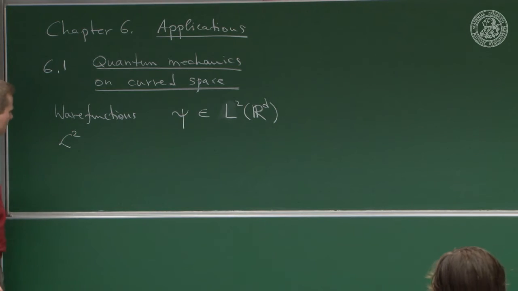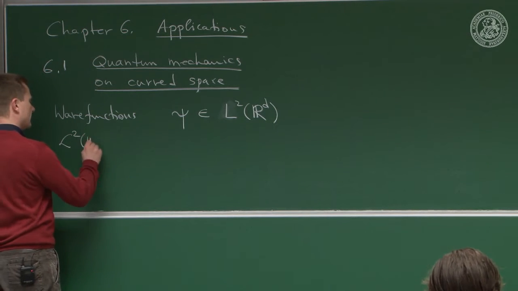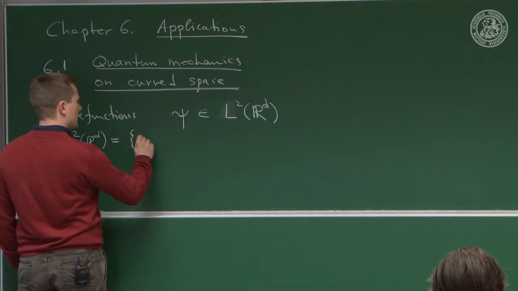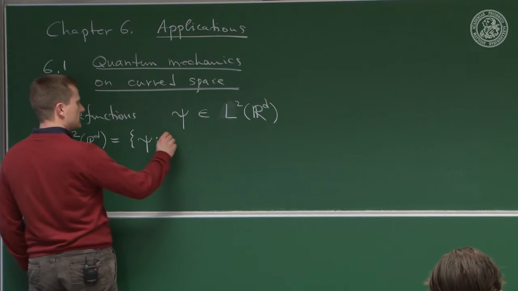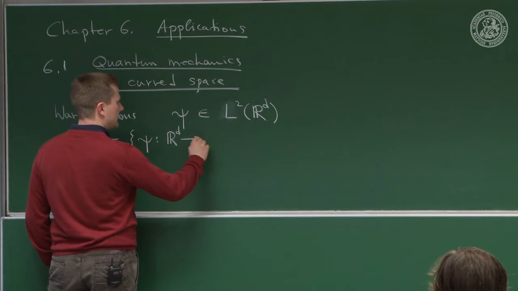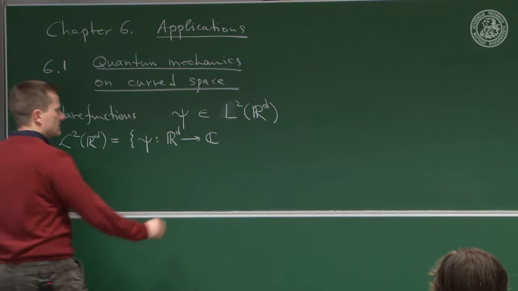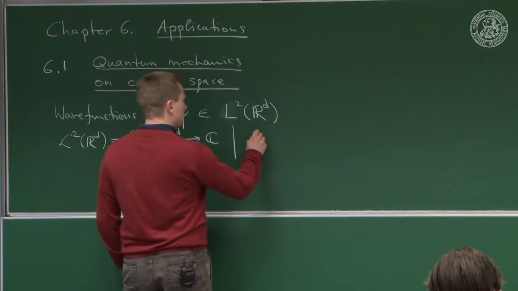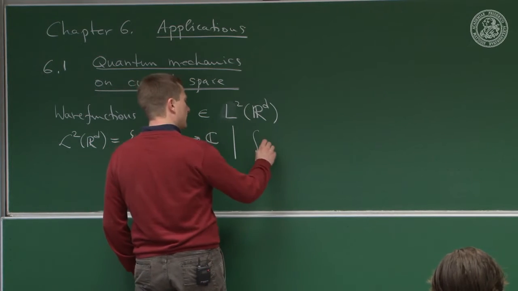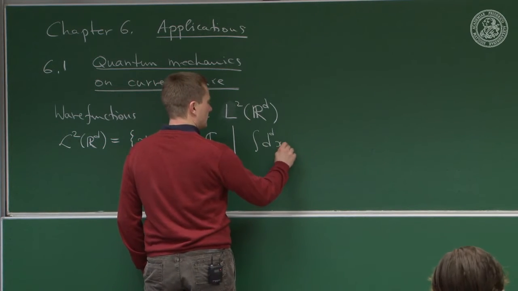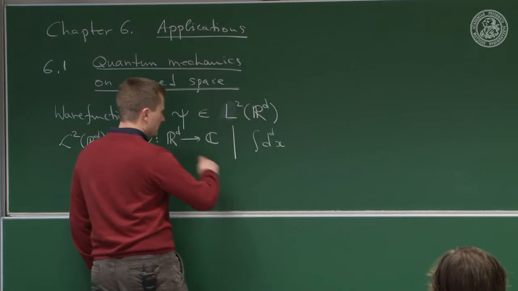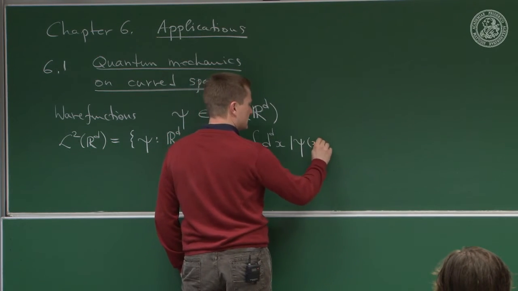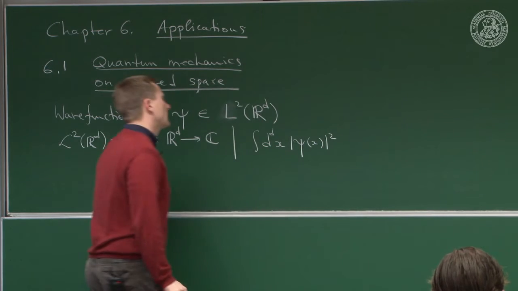Let's first have a script L2 of Rd, and let's say that's the space of all psi, which are complex valued functions on Rd, such that a certain integral converges, namely the integral dx of psi absolute value squared converges.